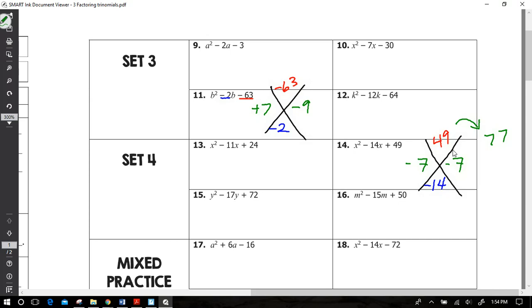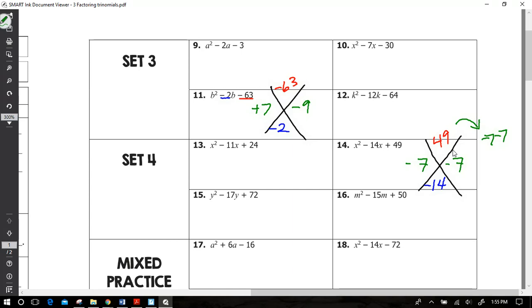And then I needed to add these numbers together to get to a negative 14. So the only way to do that was to make them both negative. But then I want you to stop and think for a minute. Does a negative 7 times a negative 7 still get you to a positive 49? And the answer is yes. So it is possible to have both of our numbers be negatives, okay?